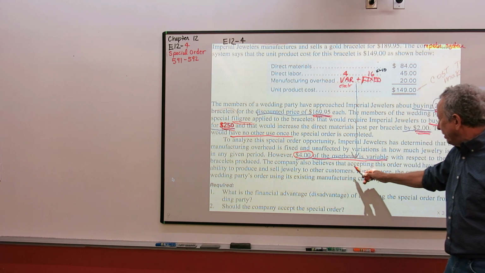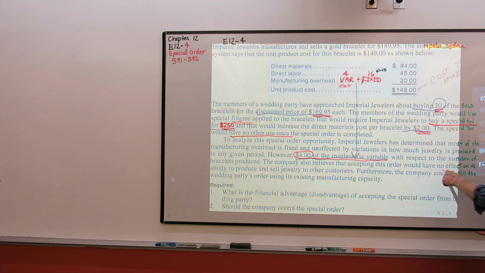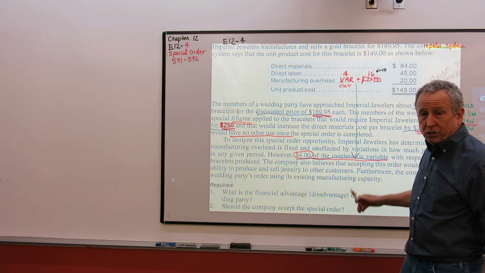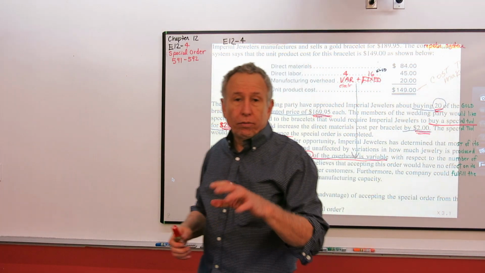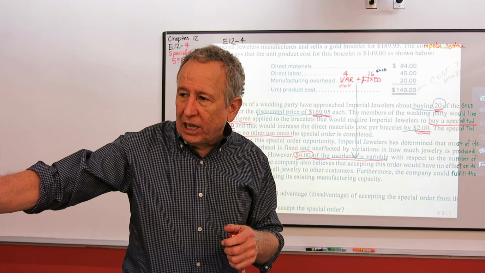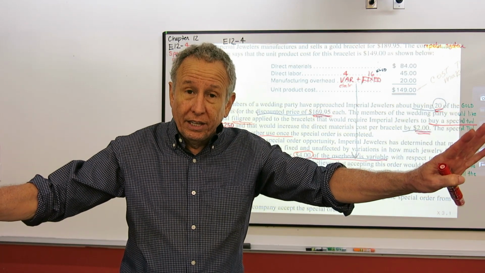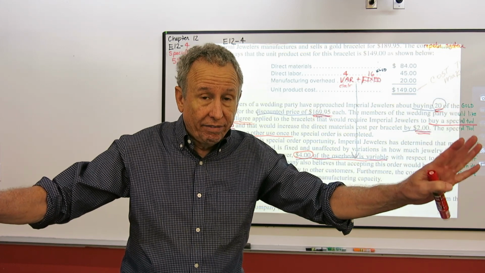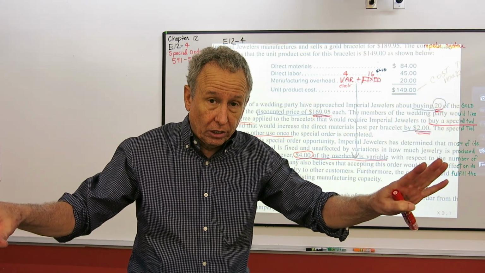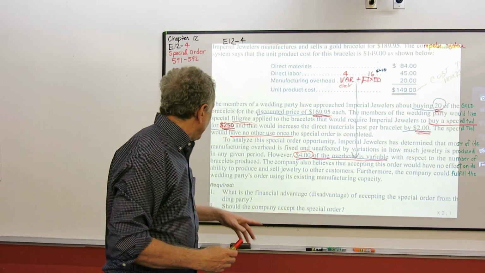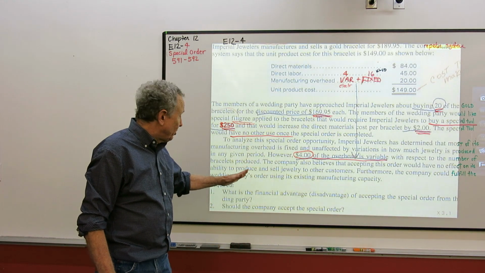The company also believes that accepting this special order would have no effect on its ability to produce and sell jewelry to other customers. You always have to worry about that. Remember, if I let a student in this college for $5,000 and that student tells another student that they got in for $5,000, it can affect your customers. They can become very disgruntled. So you don't really want your other customers to know that they might be getting a discount.